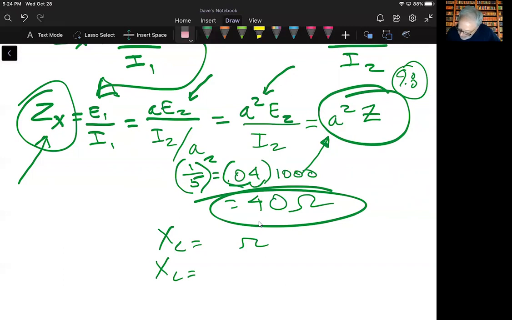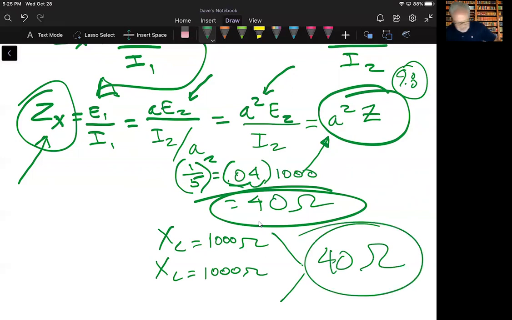So if I had a capacitor hung out here at 1,000, or an inductor at 1,000, inductive and capacitive reactance to the source, both of those would appear as 40 ohms. Okay. Now we'll follow this through later, and we'll see some interesting things that we can do with that.